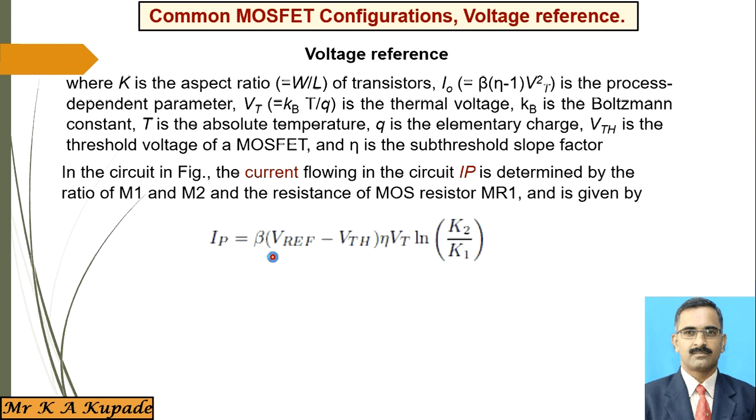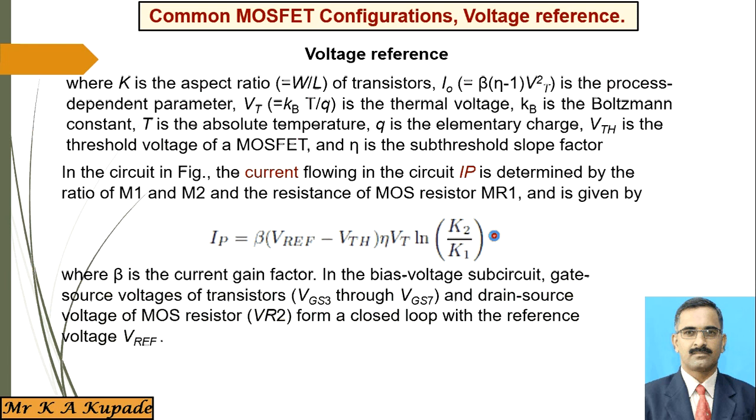So this is given as IP is equal to beta phi reference minus phi thermal, and that equation is given. Where beta is the current gain factor, and in this bias voltage subcircuit, the gate source voltage of the transistors, VGS7, VGS3 and so on, that means all the MOSFETs have a gate to source voltage, which we consider as one, right?